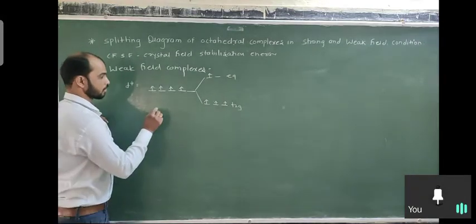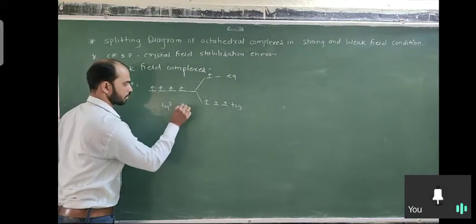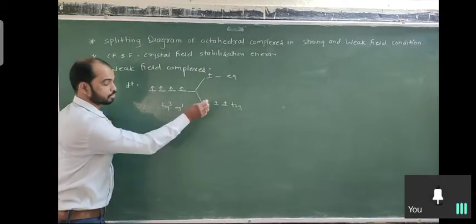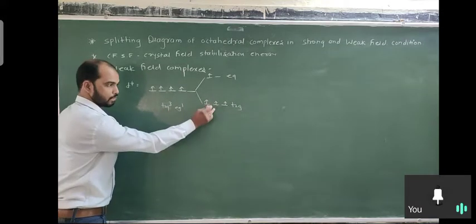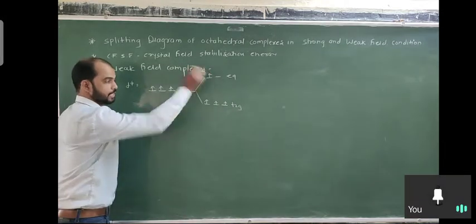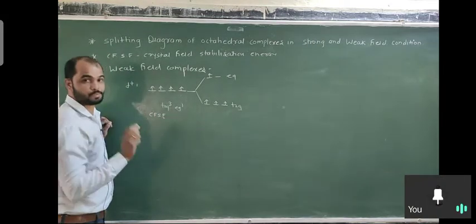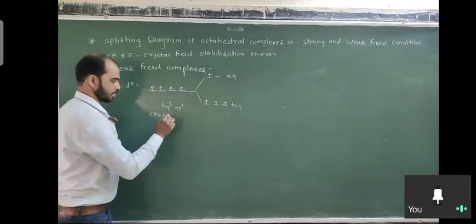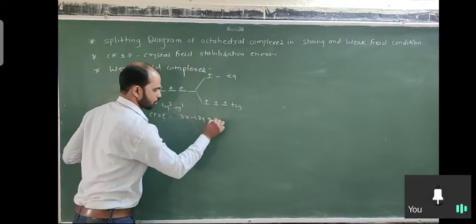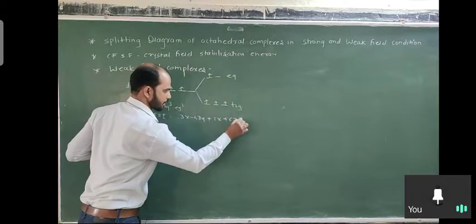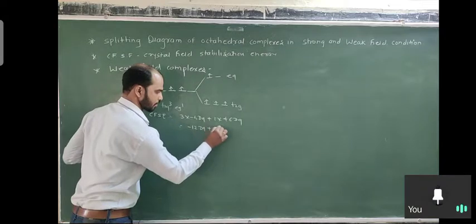So what is the electronic configuration? T2G has 3, EG has 1. For strong field condition, all the 4 electrons are in T2G. But here, 3 electrons in T2G and 1 in EG. So CFSE is different in the D4 system for strong and weak conditions. So 3 into minus 4 dq plus 1 into plus 6 dq, that means minus 12 dq plus 6 dq.